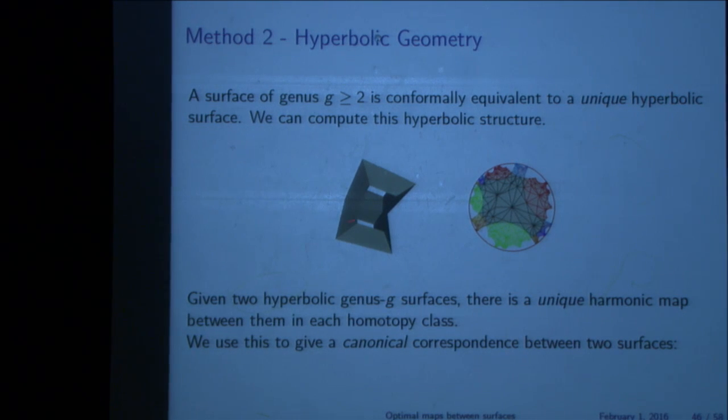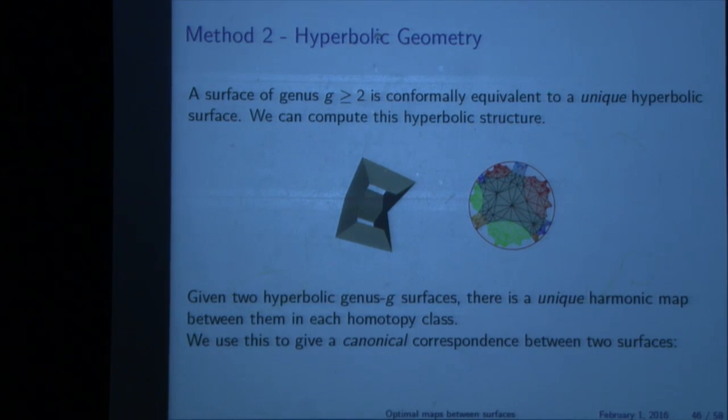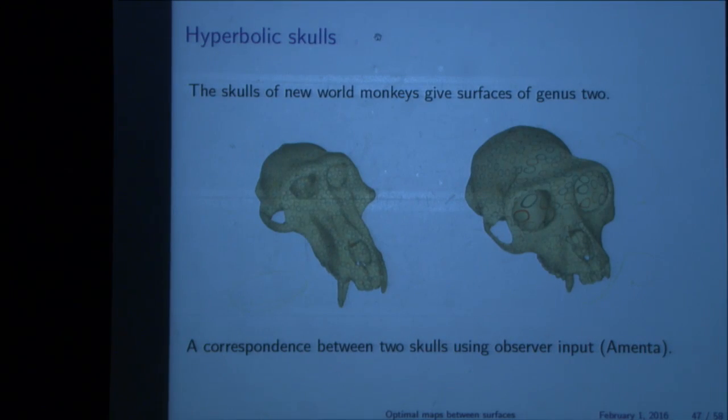You have to be a little careful because it's not a smooth metric, but in the smooth case there would be a unique hyperbolic metric that's conformally equivalent, and you can extend that idea to piecewise smooth metrics as well, combinatorial metrics, and that's what was done in this example. So we have a way of computing these.